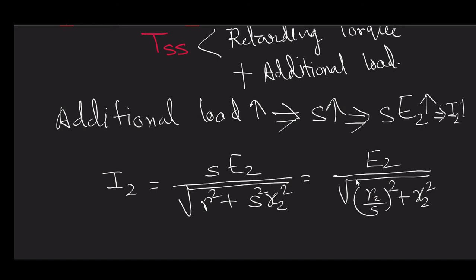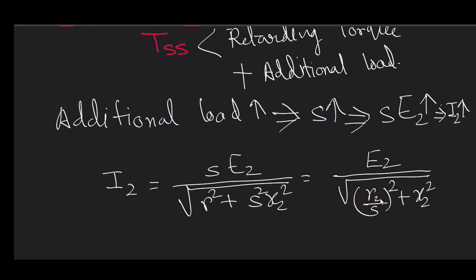So from this we can say that there will be a change in I2, because S is appearing in the denominator term. If you increase the value of S, that is going to reduce the value of the R2 by S term, and that will give you a considerable increase in I2.